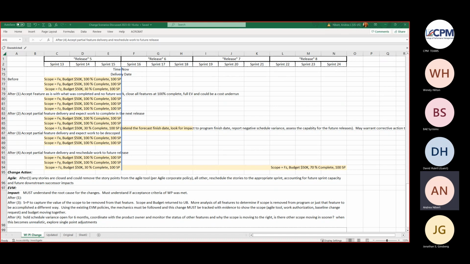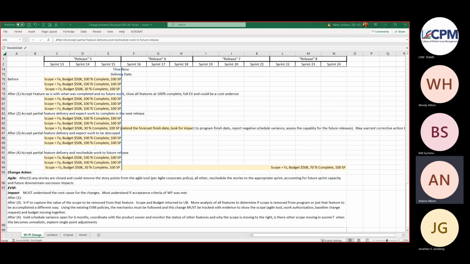And we don't really have enough time to start the next scenario. So I will send out this updated spreadsheet to all again and ask if there's any other scenarios we want to talk through.